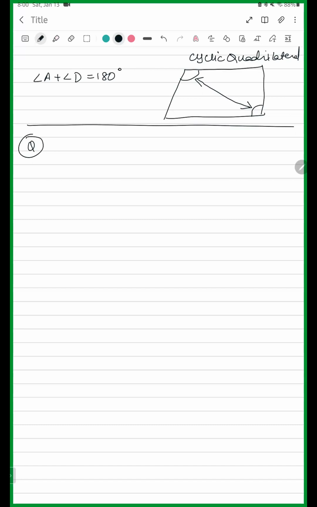This is there in the NCERT also. So you have ABCD as a trapezium, in which AB is parallel to CD and AD is equal to BC. Prove that. This is there in the NCERT.